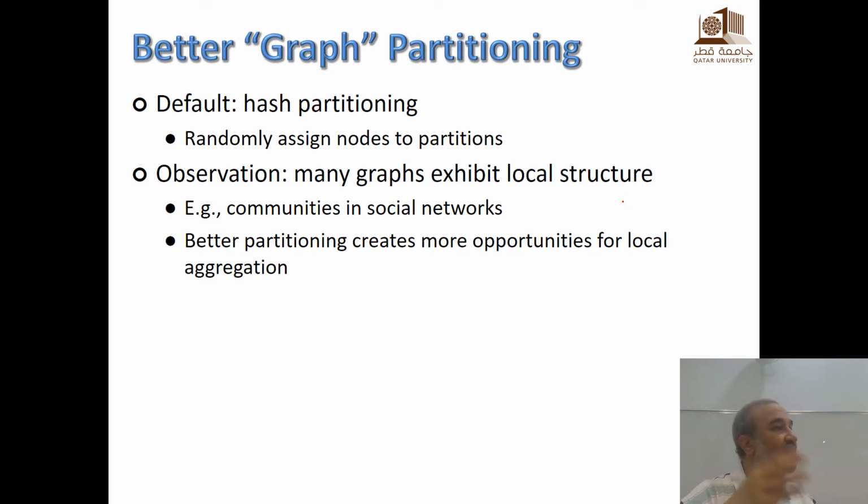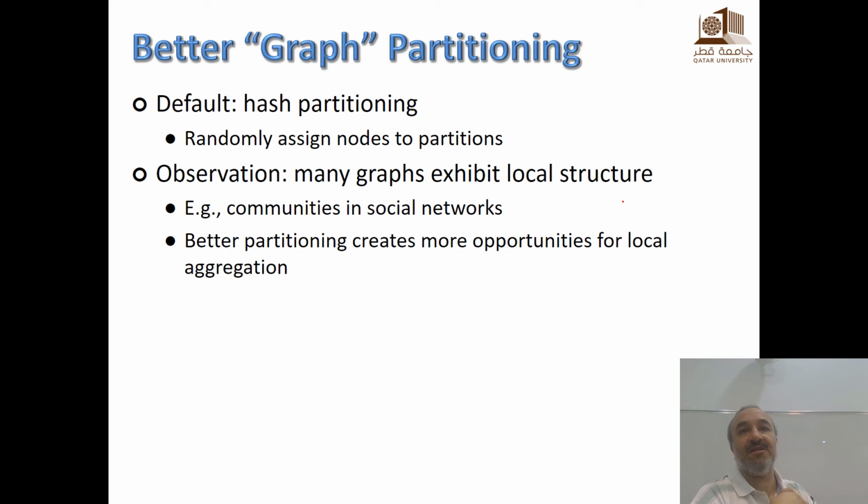Now this can happen differently in different domains. In social networks, for example, these are communities. But in a web graph, how can we say that these are related to each other? It's not that easy. But we can have some heuristics. For example, pages that have the same domain probably are linked to each other, right?